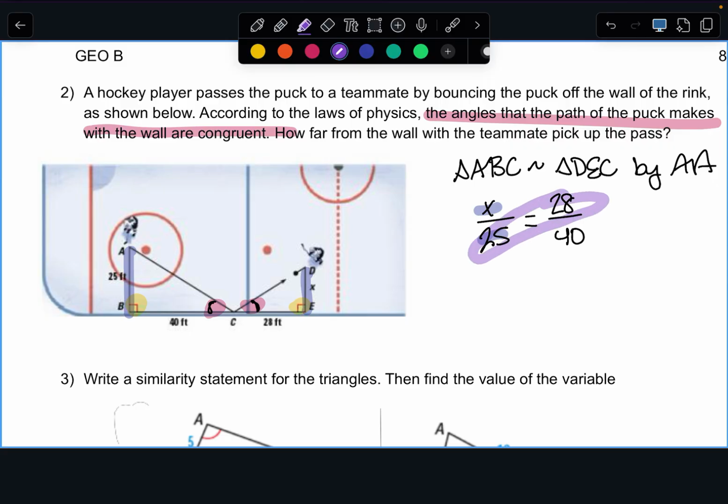Let's multiply these two. 28 times 25 is 700, if you put that into a calculator. And then if we do our other part, x times 40 is 40x.